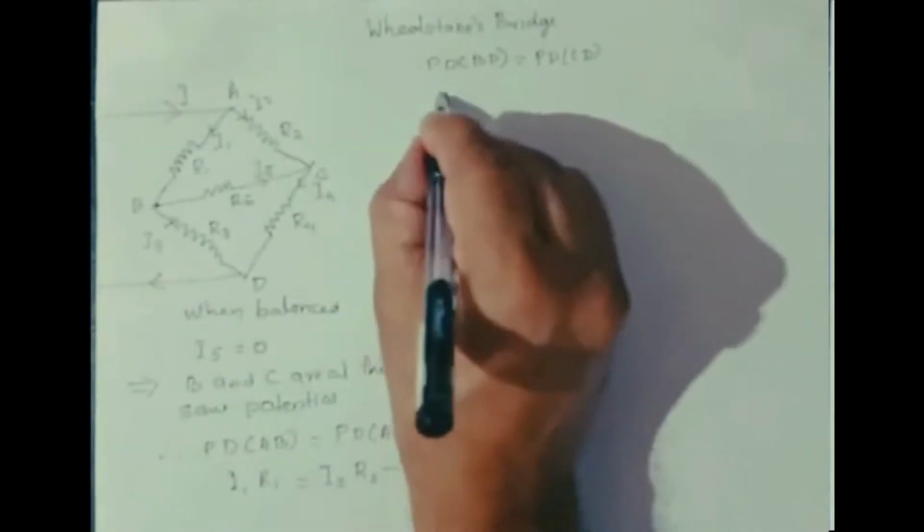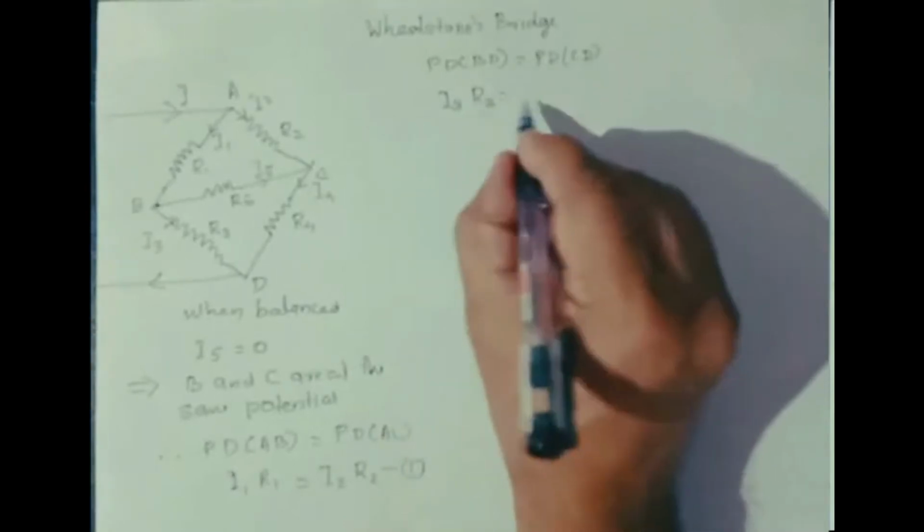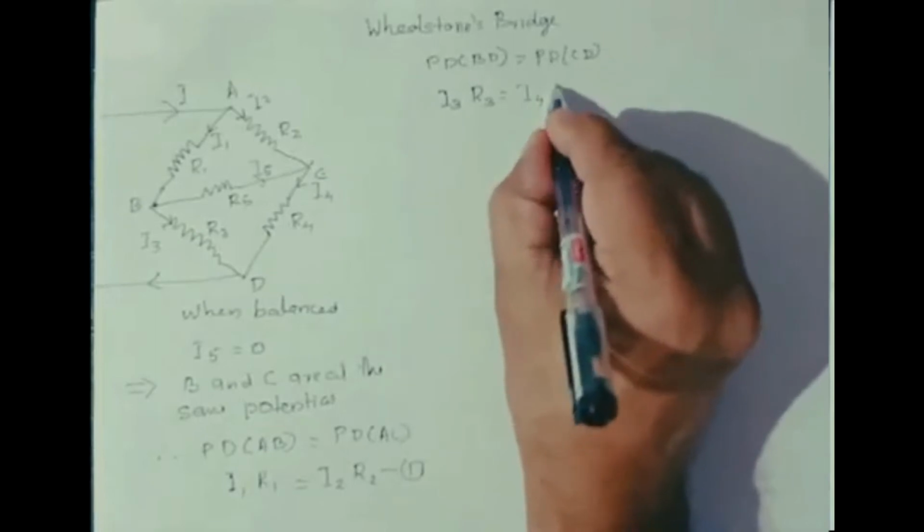What is the potential drop across BD? It is I3R3. I3R3 is equal to I4R4. So that is equation number 2.